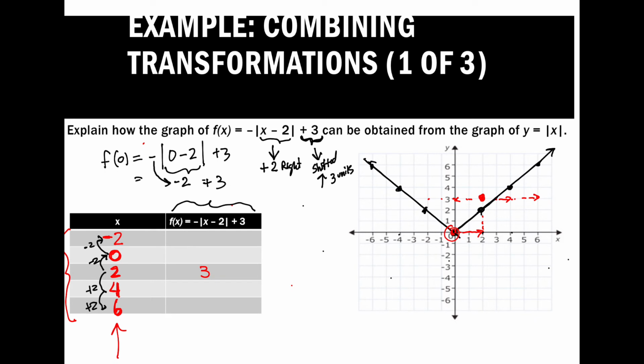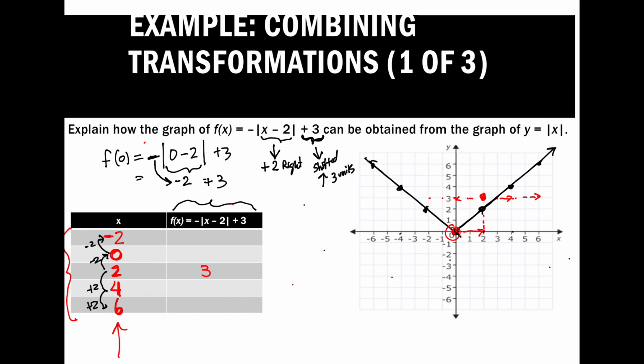So it came out positive, but then this little guy on the outside of the absolute value made it negative again. Surprise, surprise. And so we get -2 plus 3, which is 1. So 0 gave me 1. I can assume this also is going to give me 1. Why? Because it's the same distance away from that point, but let's make sure.